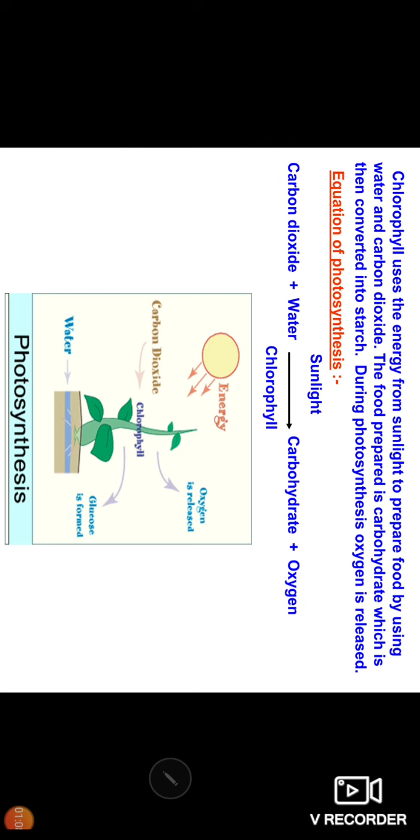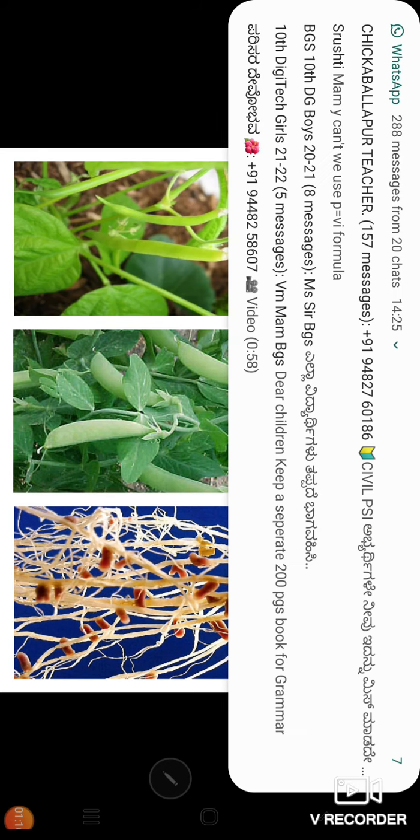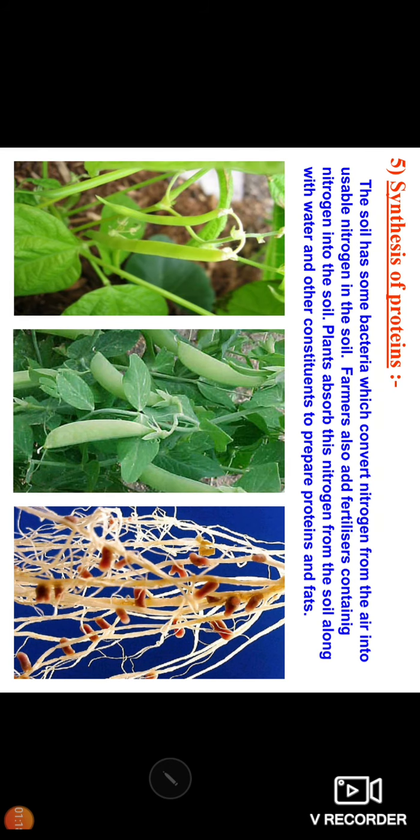By using this oxygen only, all the living organisms inhale oxygen and live on the earth. And also we have discussed the synthesis of proteins. That means some bacteria convert nitrogen from the air into useful nitrogen in the soil, and this is used by the farmers.